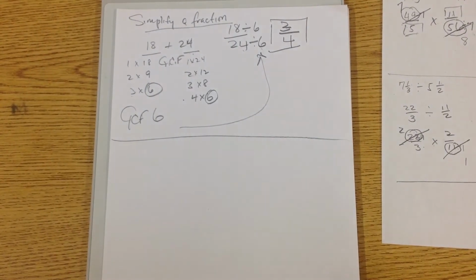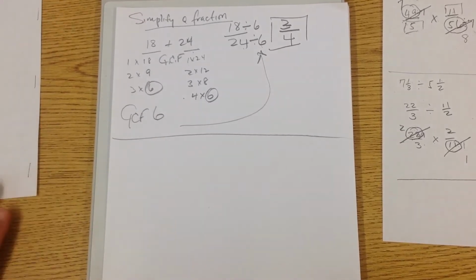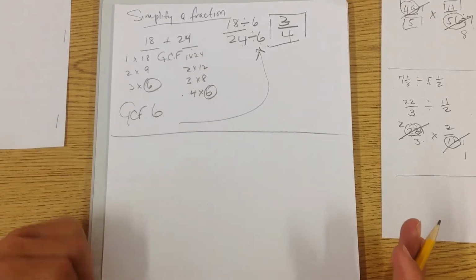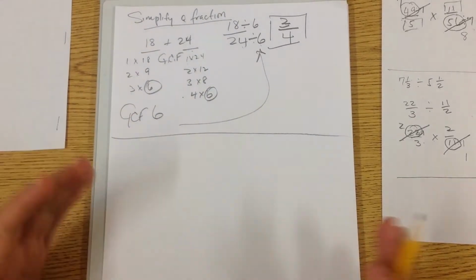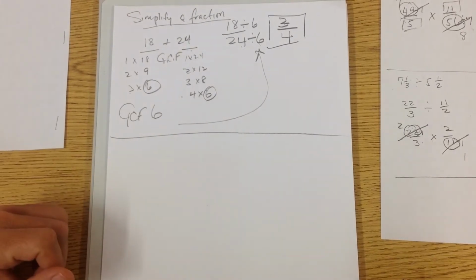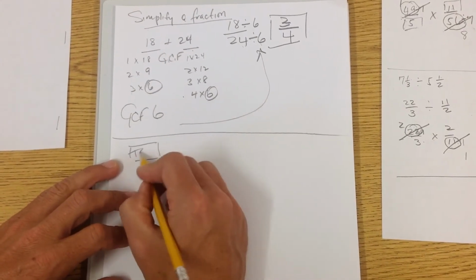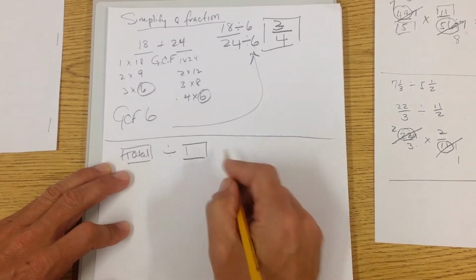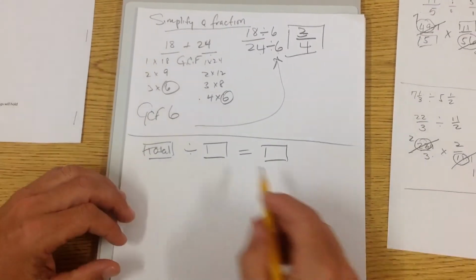Let's do a word problem, because that's the toughest thing. How do I know, first off, that it's division? And then secondly, how do I know which number is the dividend, and which number is the divisor? Well, again, division gives you the total, and it divides it into equal parts, and you'll figure out how much each one is.